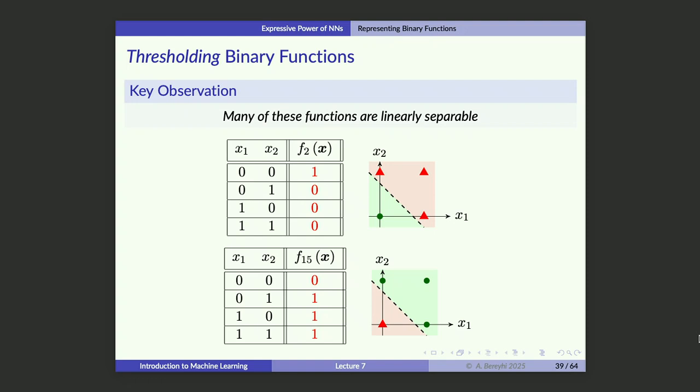So W1 till WD. This is the output. And then after doing that, it's going to check the sign, right? And then the output is going to be either 0 or 1, correct?